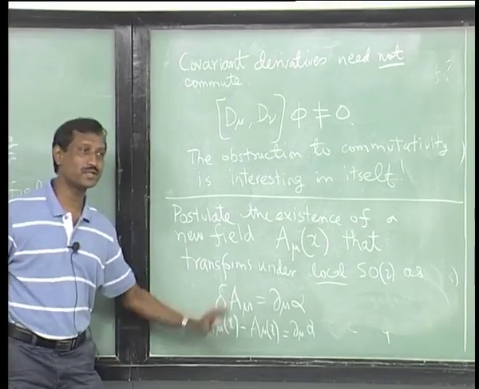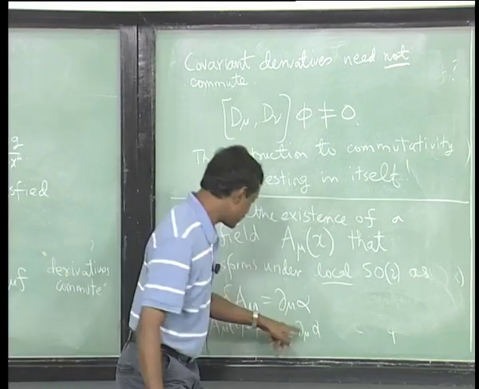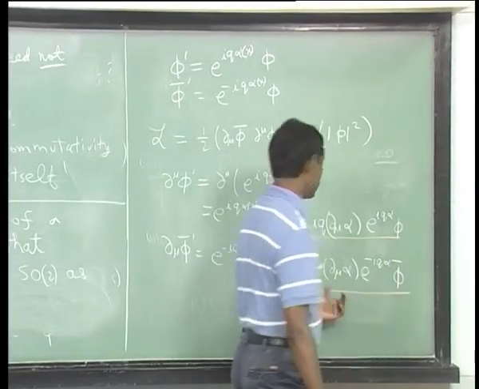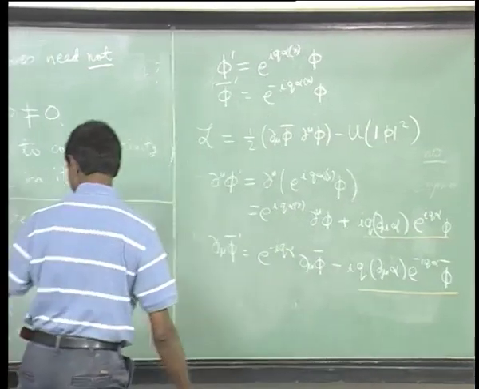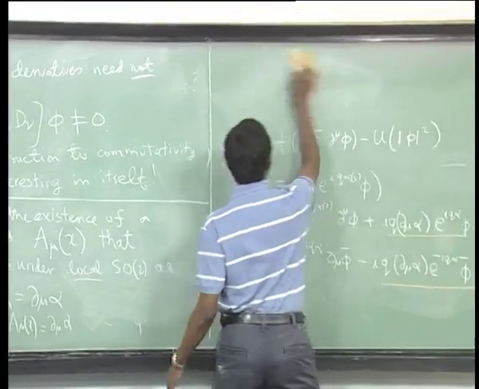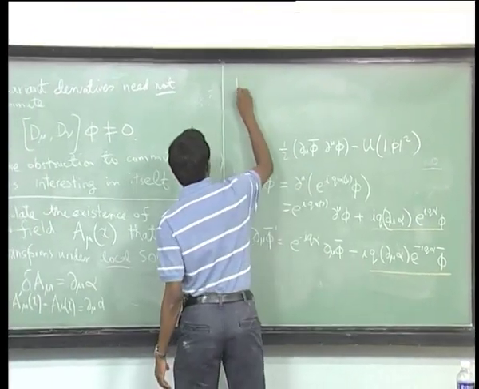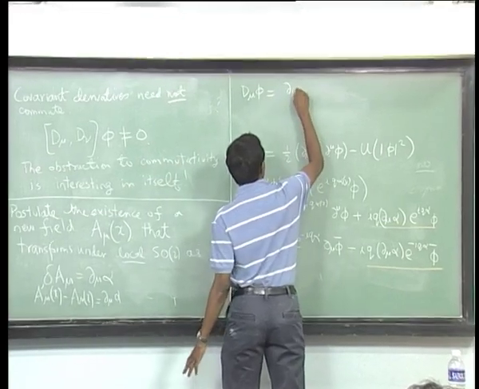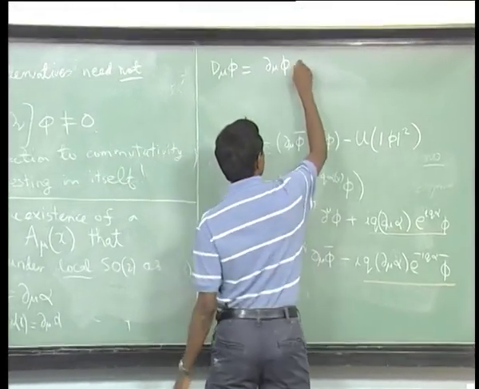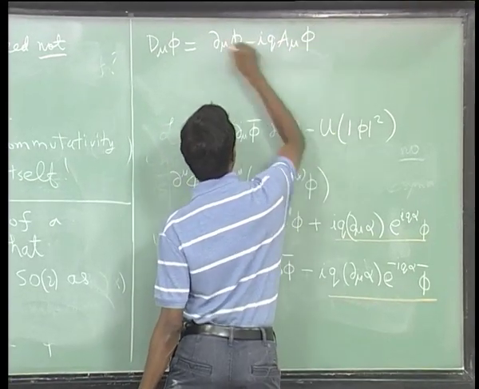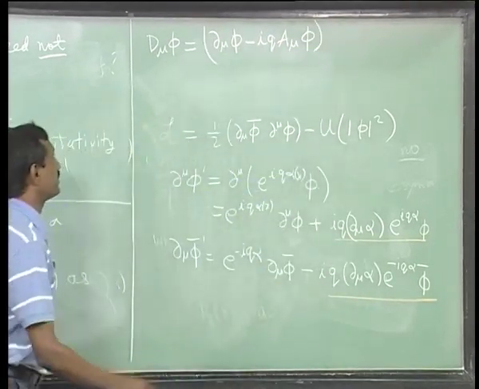Okay. So this is just a postulate. Okay. Now you can see that this guy has just about the right thing to remove something like this. So let me define... so this is just a definition.